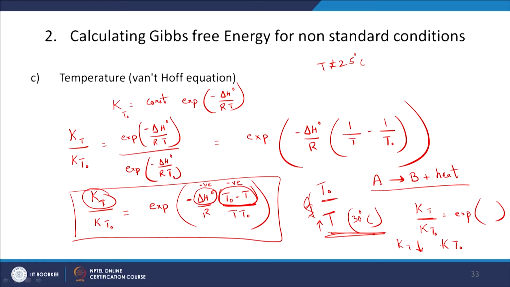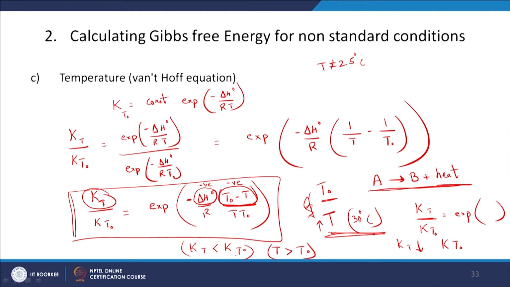How do you understand this system now? Let us take a quick look at what we just had. This is our equation, K at T by K at T naught equal to exponential of so on. We looked at a specific example of an exothermic reaction, A going to B plus heat, and we saw that when we plugged in the values, K at T is less than K at T naught when T is greater than T naught.